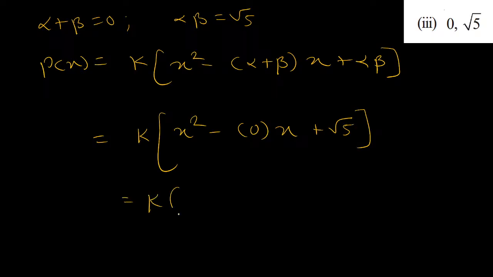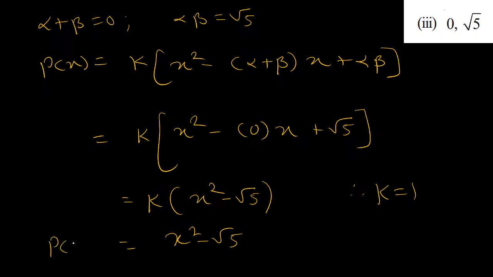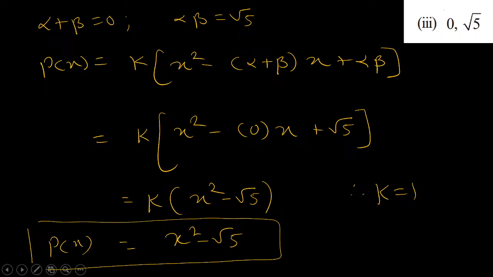Here we can take k equal to 1 because there is no number in the denominator, and x square plus root 5 is my quadratic polynomial. Can we take another value of k? Yes, we can. You can take 2, 3, any real value, and the polynomial that comes will have the sum of zeros 0 and the product root 5.